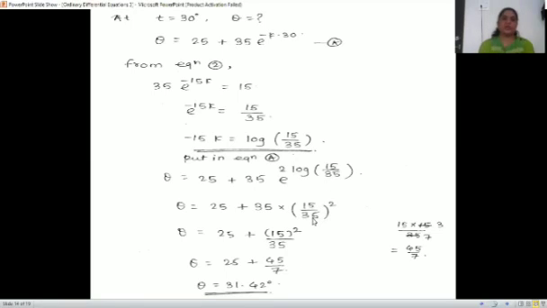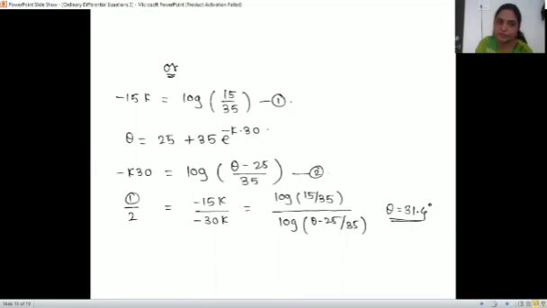So it is 15 upon 35 square. 35 cancels, and finally theta is 25 plus 15 square upon 35, and solving we'll get theta as 31.42 degrees. So at t is 30, after 30 minutes theta will be 31.42 degrees.